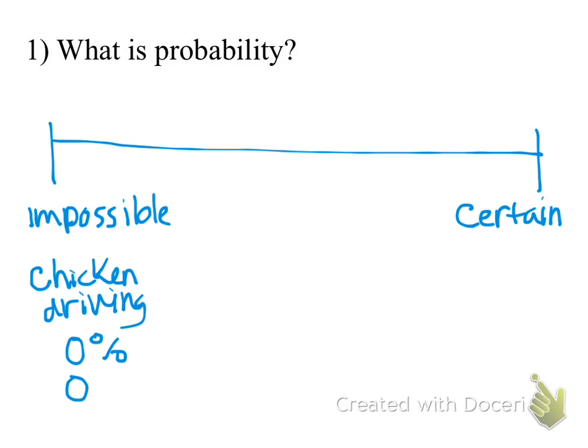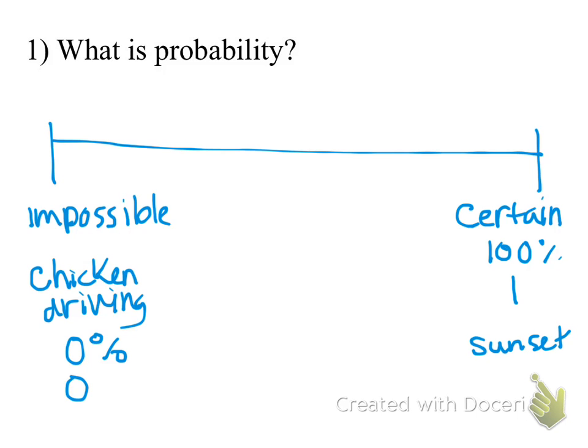What is the chance, percent-wise, Melody? 100%. And what decimal would that be, Melody? 1.0. Just 1. So it's certain, we're looking at sunset.